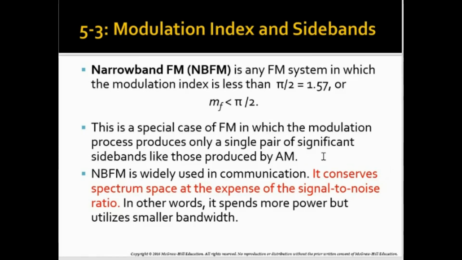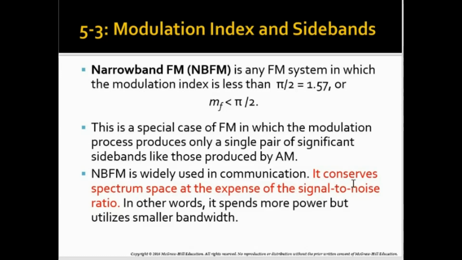So to make your FM have similar bandwidth as AM, we eliminate higher bands and only let the first sidebands pass. The rest will be eliminated. Narrowband FM is widely used in communication.